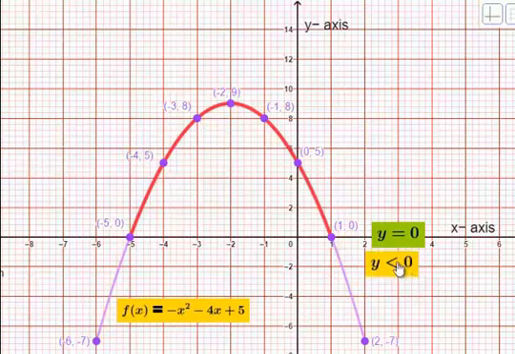Then, when we talk of y less than 0, it means that those with the values of y being 0 should be excluded from our answer, but those with y being less than 0, that is negative values of y, should be included in our answer.